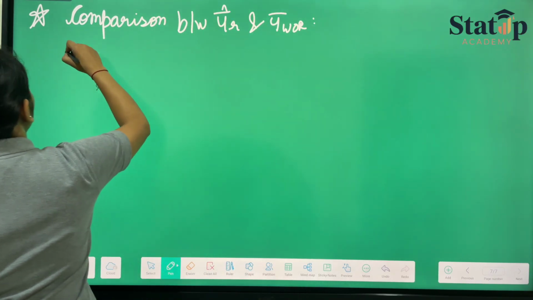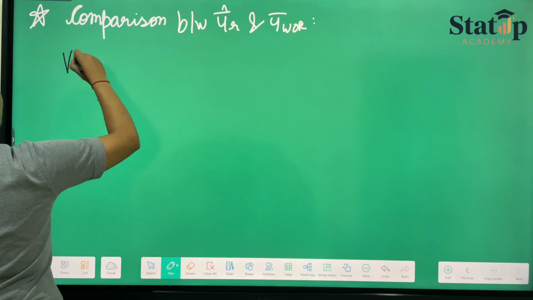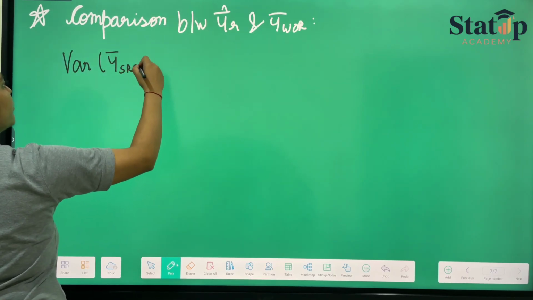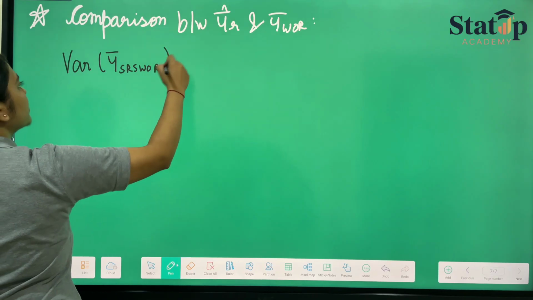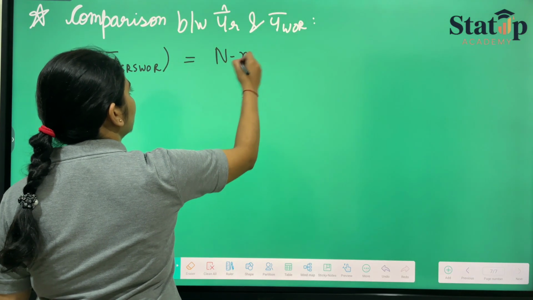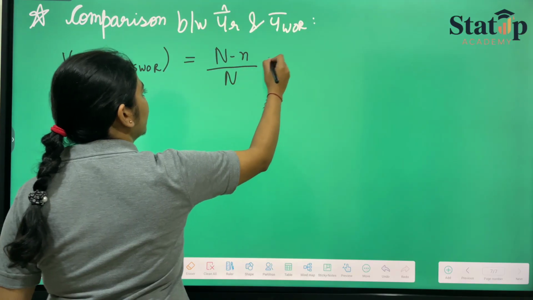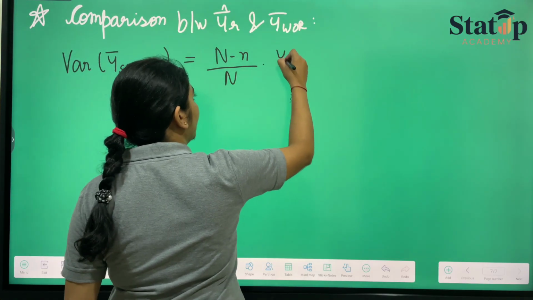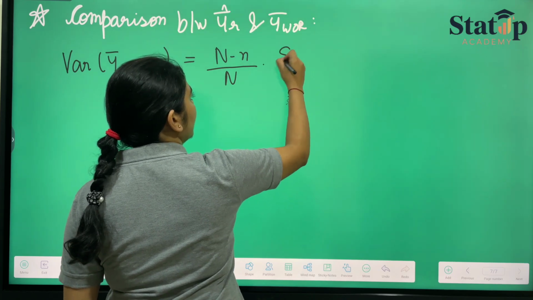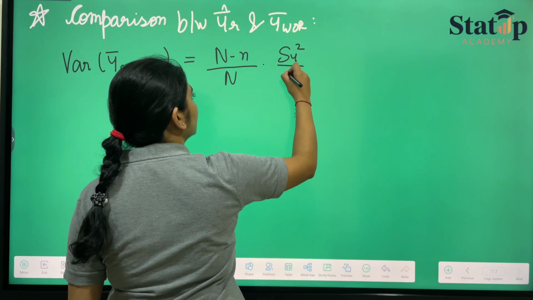We know that the variance of y bar in simple random sampling without replacement is nothing but (N minus n) upon N into Sy square upon small n.